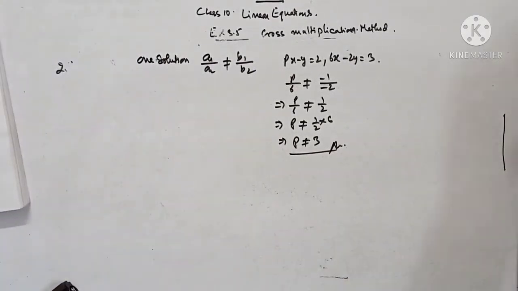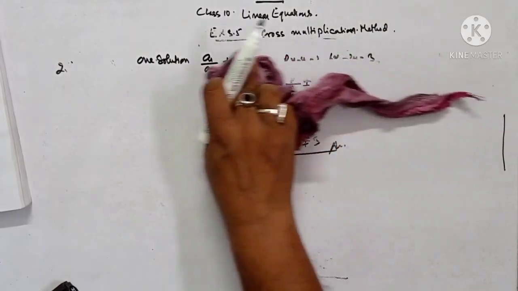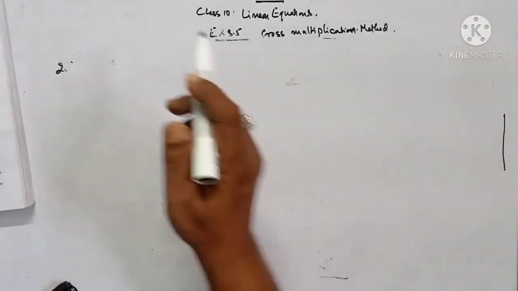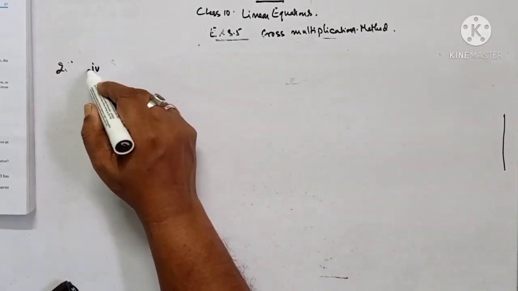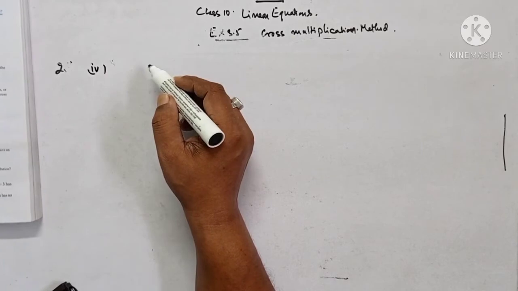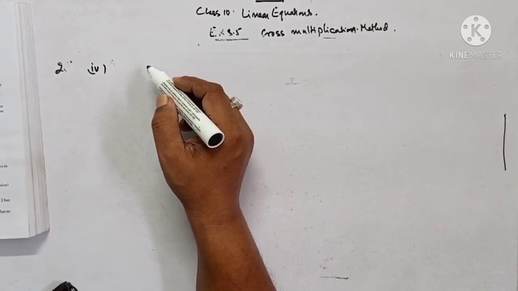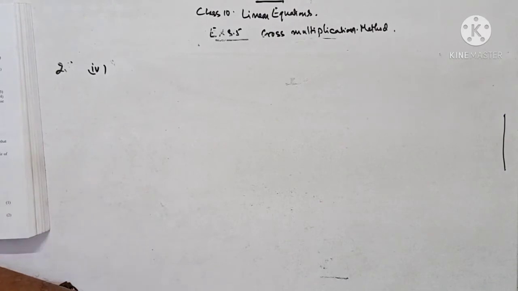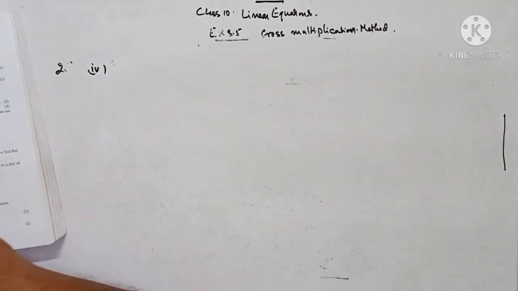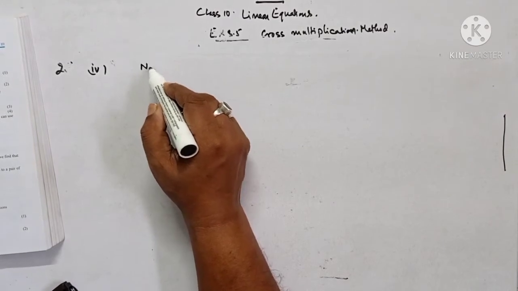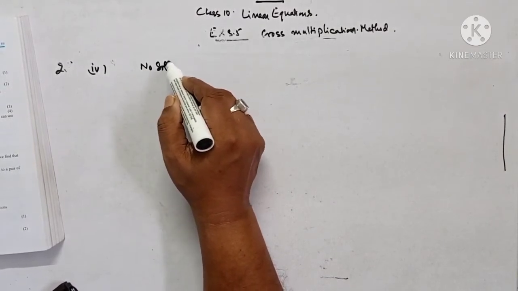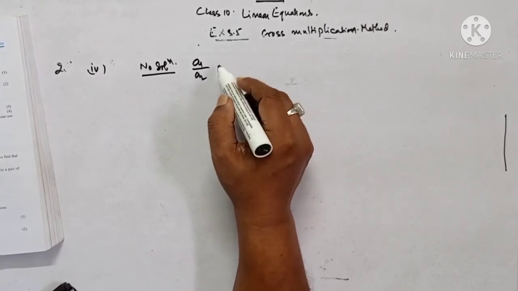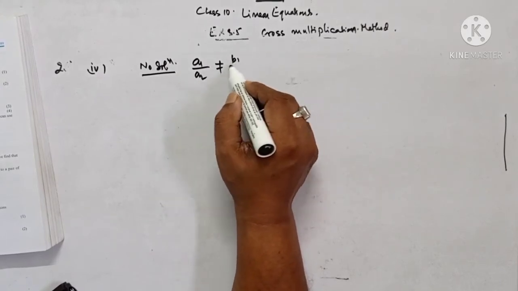Now I am going to question number 2 fourth. Find the value of k so that the following has no solution. Again the same method. For no solution, a1 by a2 is not equal to b1 by b2.